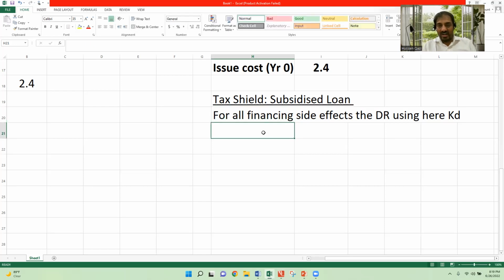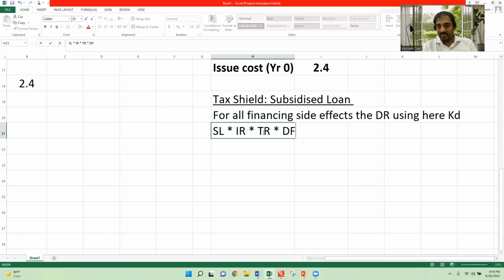Okay, one by one, tax shield on the subsidized loan. Subsidized loan multiplied by interest rate multiplied by tax rate gives the tax advantage, multiplied by the discount factor.